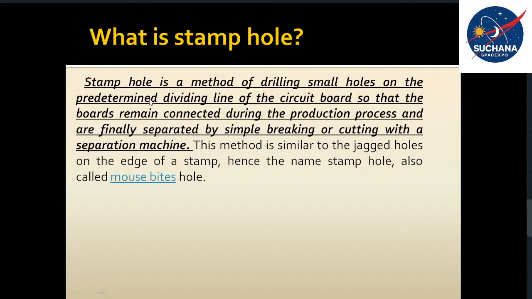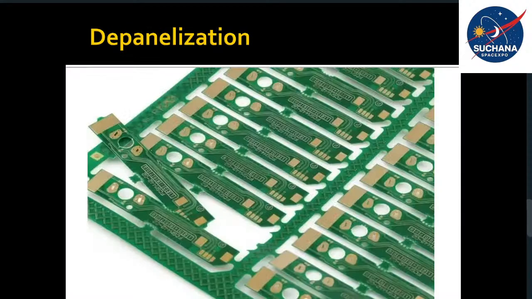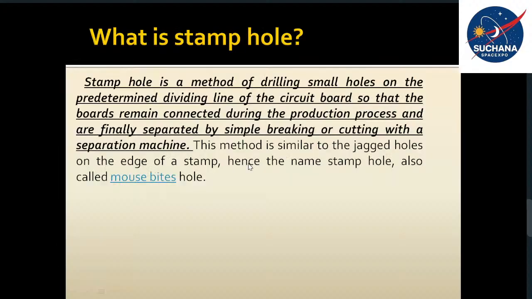Whatever I underlined here is important: stamp hole is a method of drilling small holes. Between every PCB, you can see some holes here also, right? Few holes. Those are nothing but stamp holes. We have one dividing line, and that line is predetermined.